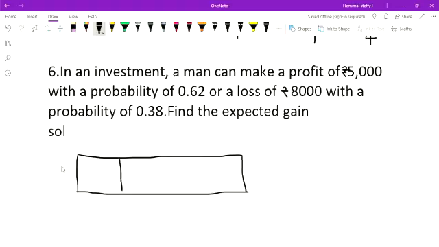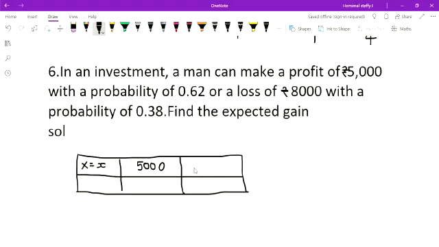What is the x here? X equals, first I am taking the profit. Profit is equal to rupees 5,000, and loss is equal to 8,000.